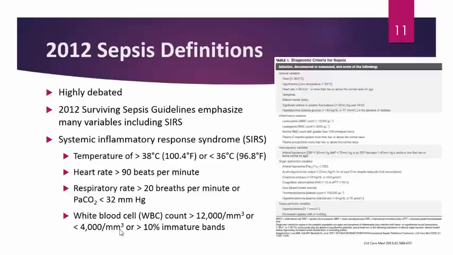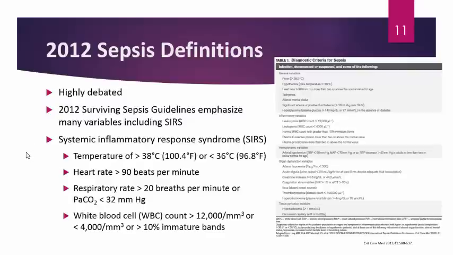Some things that this can actually be related to are patients who are post-surgery, because whenever you come out of surgery, you may actually have a high heart rate or potentially a high respiratory rate due to a stress response. Other things that can cause systemic inflammatory response syndrome are things such as pancreatitis, which produces a similar type of stress response. And those things are not necessarily infection.